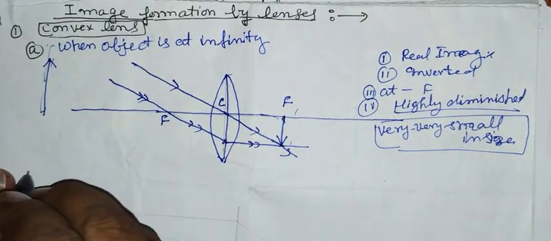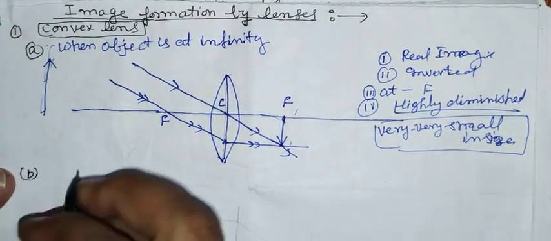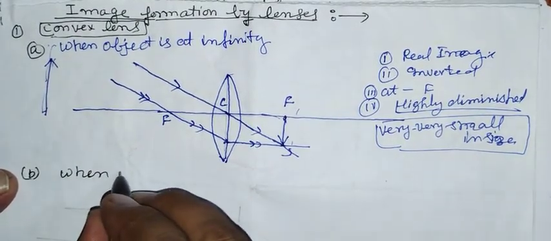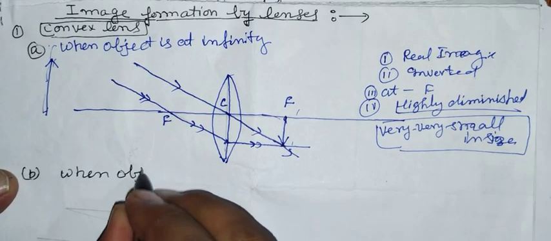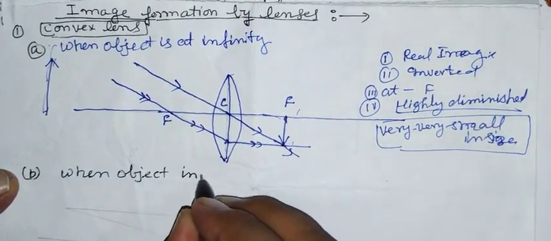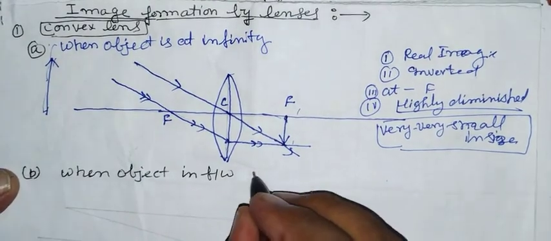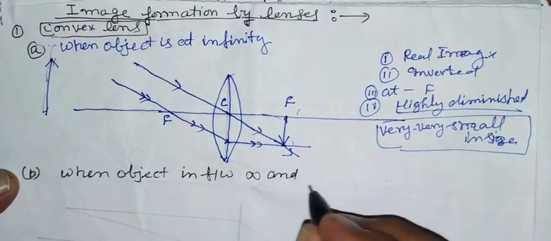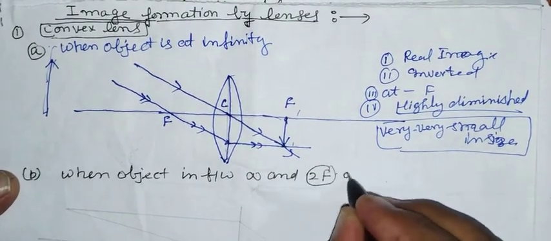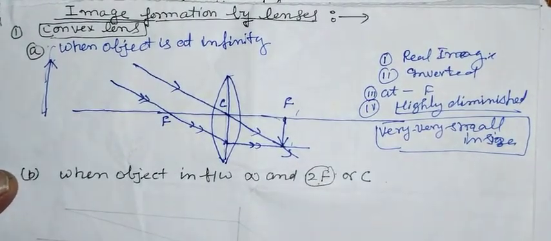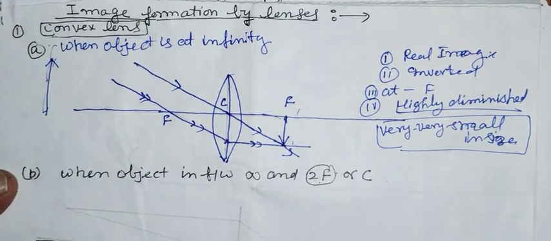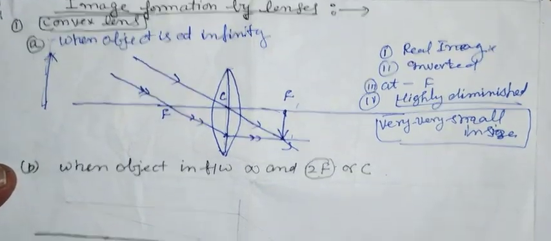Now we see the second case, when the object is in between infinity and 2f. 2f is also called C, the center of curvature, in a convex lens. See the diagram for this.